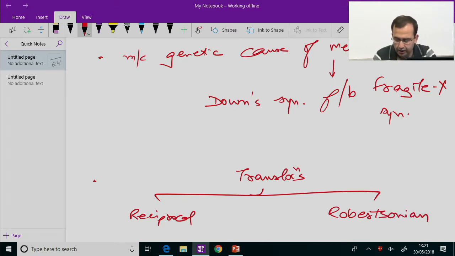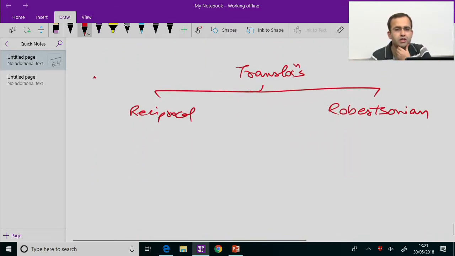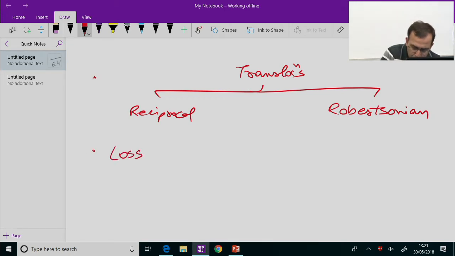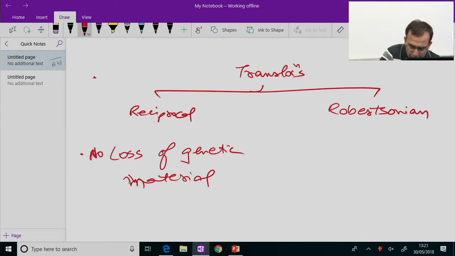Reciprocal translocation means one part of the DNA has gone to the other and vice versa. In this, there is no loss of genetic material.